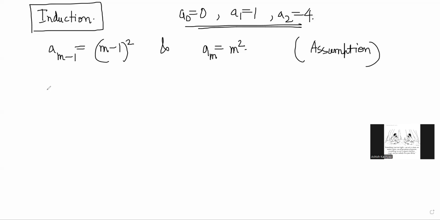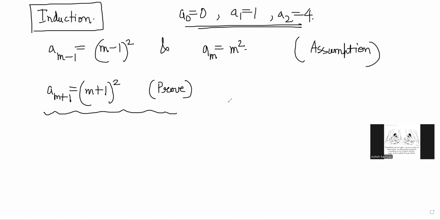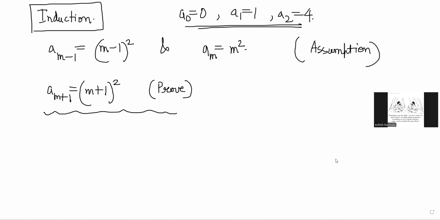So now the next step would be to prove a_(m+1) is (m+1) whole square, right? I hope everybody is understanding what I'm saying. Yes. So let me know if you're done with this proof. You have to use the condition given to prove this.